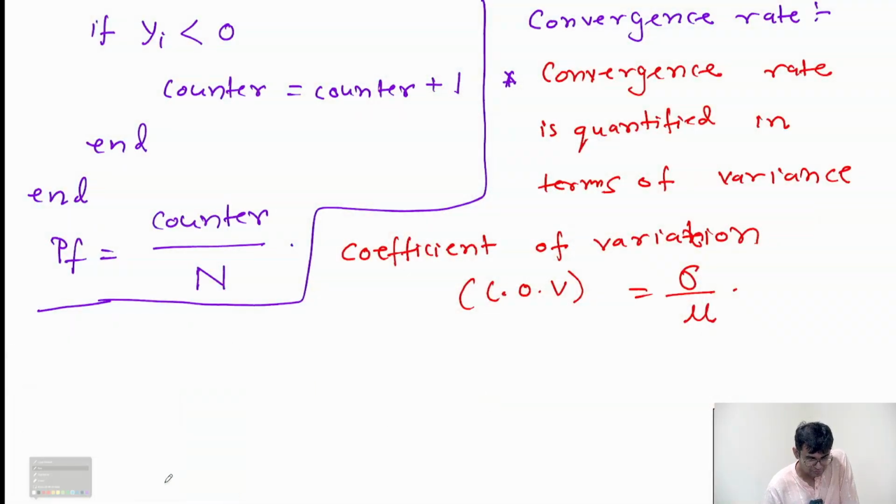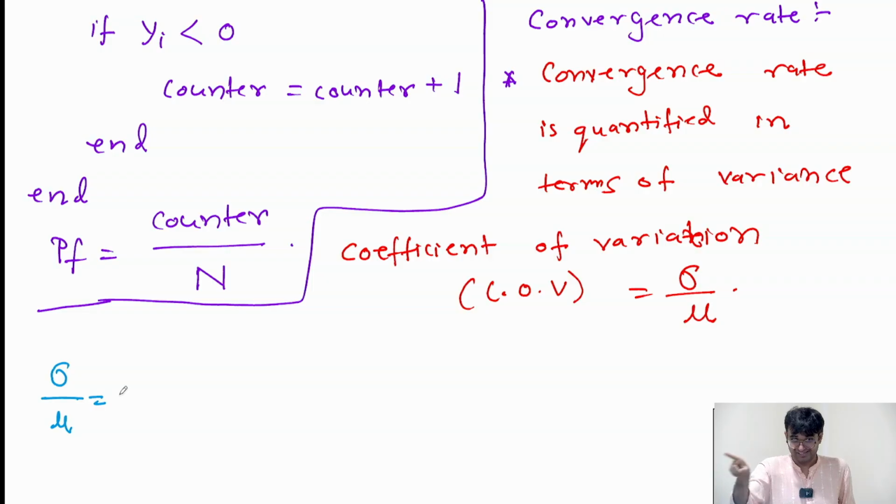So sigma by mu is what I want to find out. To find out sigma by mu, you need to first know what kind of random variable it is. What kind of random event do you think it is when we are looking at failure and success? See what we are doing. We are performing an experiment and checking whether there is a failure or success.